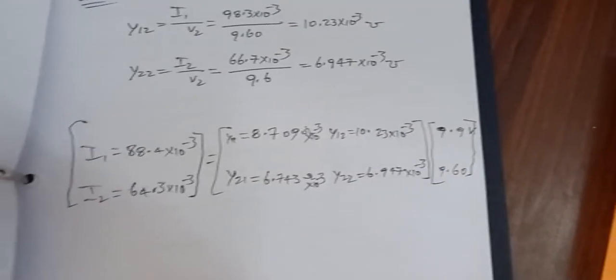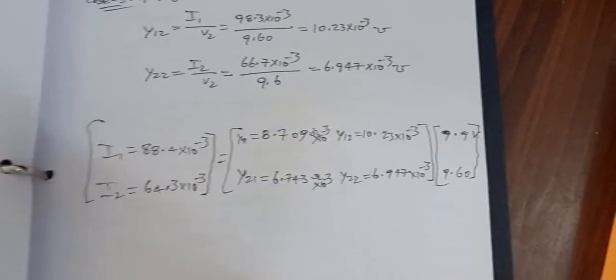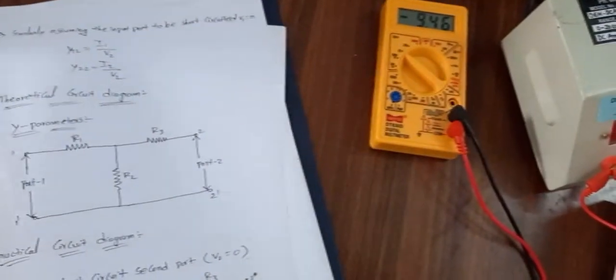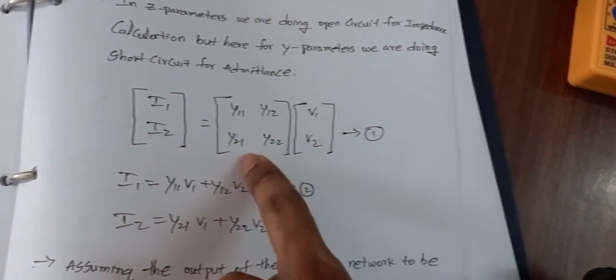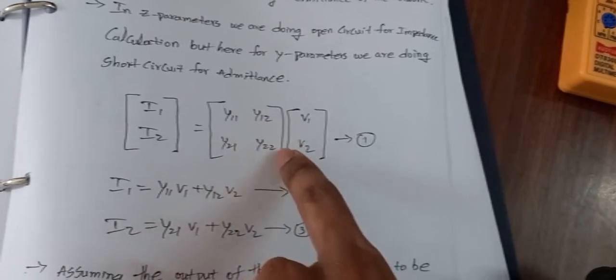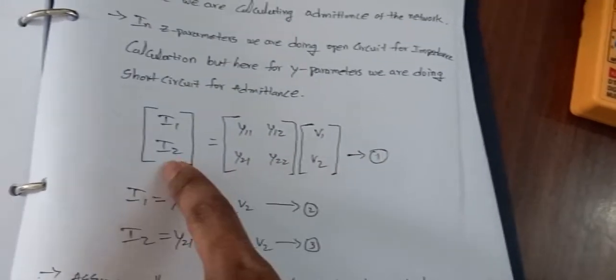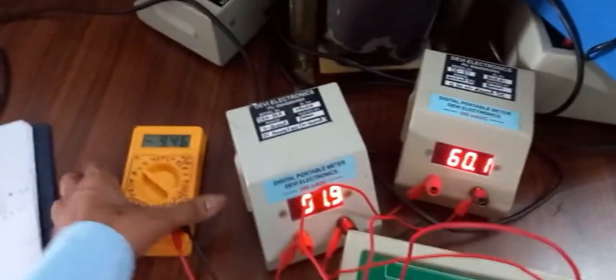Then I got the admittance values. Previously those formulas we wrote here: I1, I2, Y11, Y21, Y12, Y22, V1, V2. These values we finally worked out. These are the three measured values.